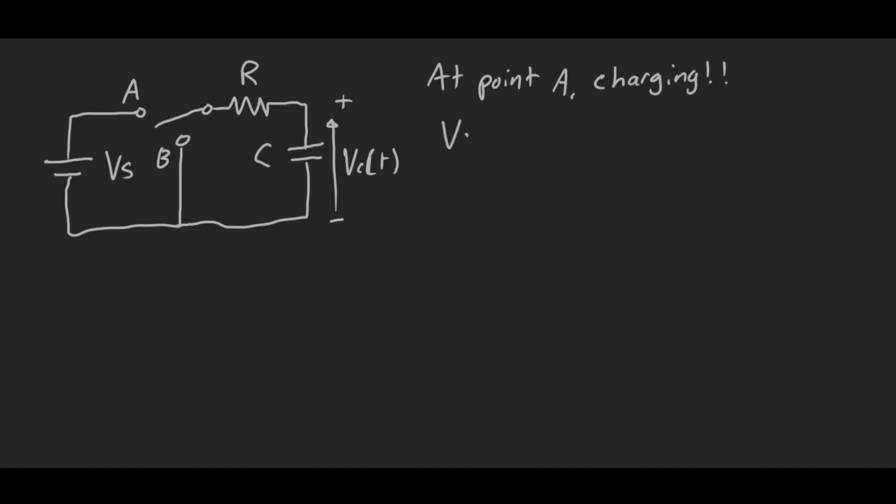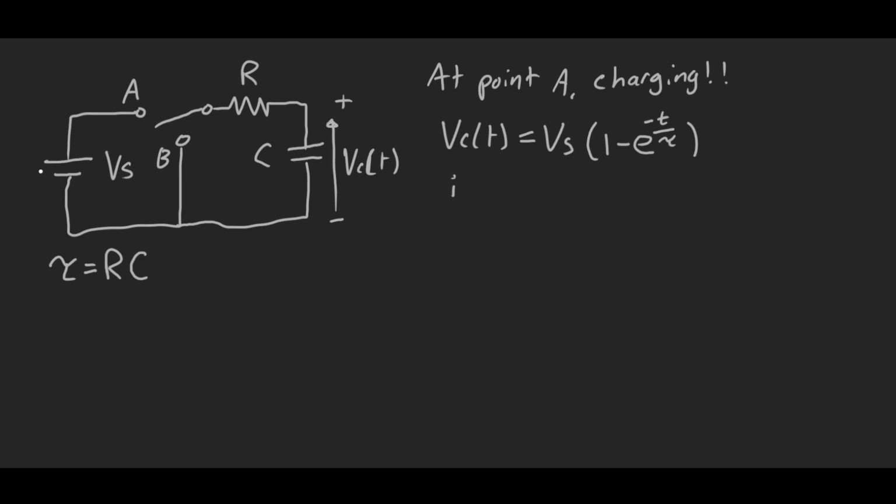So the voltage across the capacitor as it charges is equal to the voltage source multiplied by the bracket of 1 minus e to the power of minus t over tau. Tau is the time constant, and it's very important. The time constant, tau, is equal to the resistance multiplied by the capacitance.